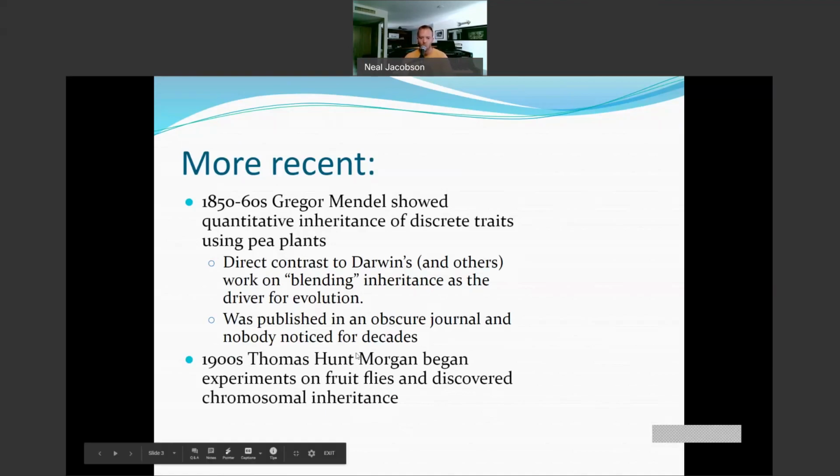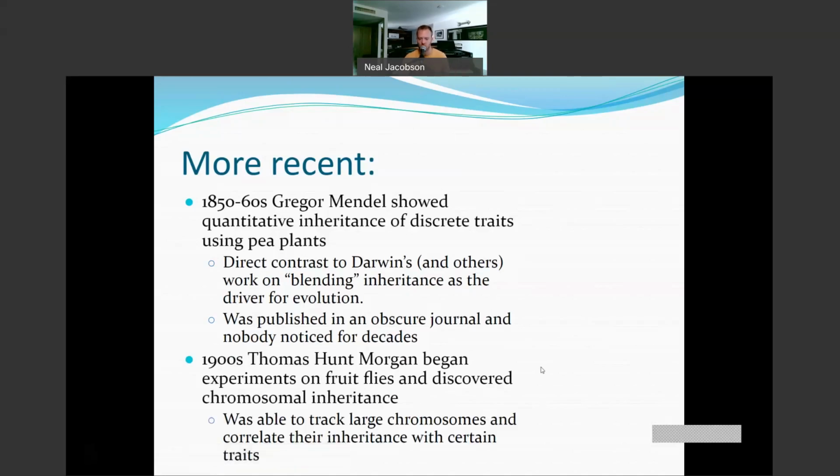And then he was correlating them directly with the transmittance of physical, observable traits in the fruit flies. And so it showed that there was something material in the cell that linked to something physical in the body. He was able to track those large chromosomes and correlate their inheritance with certain traits.